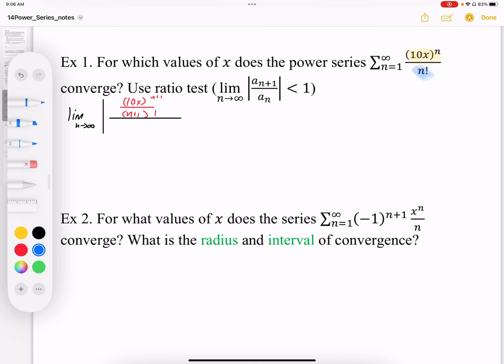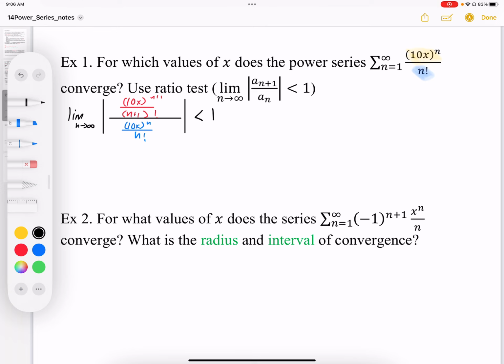And in the denominator, we're going to have 10x to the power n over n factorial. In this ratio test, we're going to check to see when it's less than 1. Now, because we have x's in there, we can change the value of x to make it less than 1.